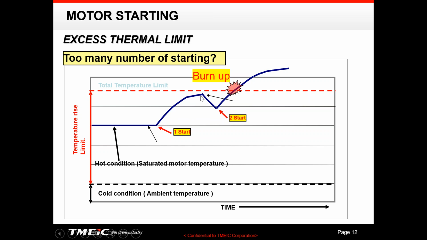So if the first start wasn't successful, you have to wait at least until the motor temperature goes down to the hot condition level, which is the saturated motor temperature limit here. Then you can have another hot start. Just remember that you cannot damage the motor here. So please read the motor data carefully.